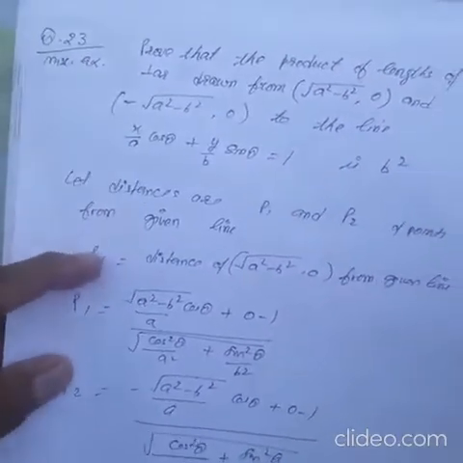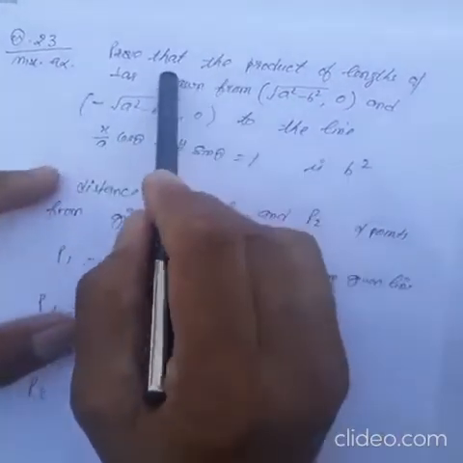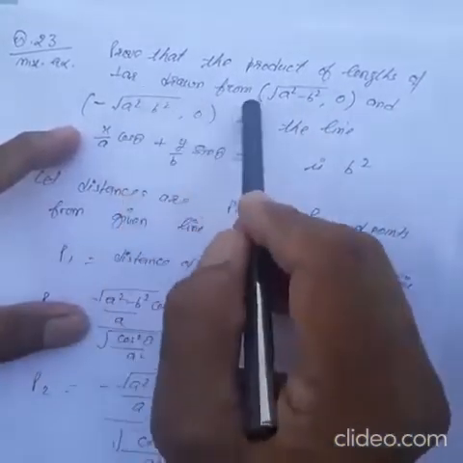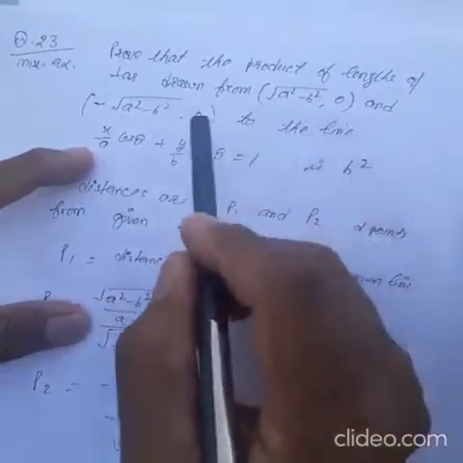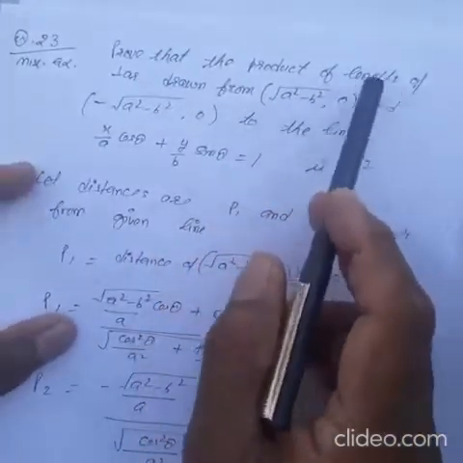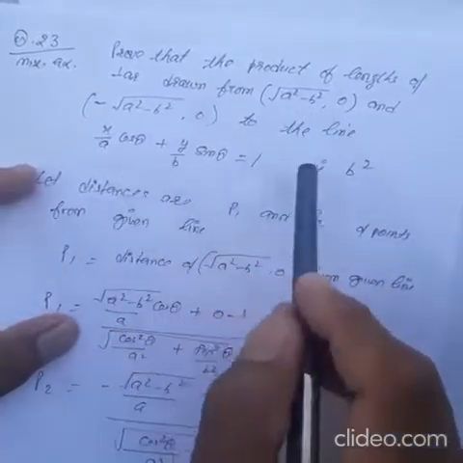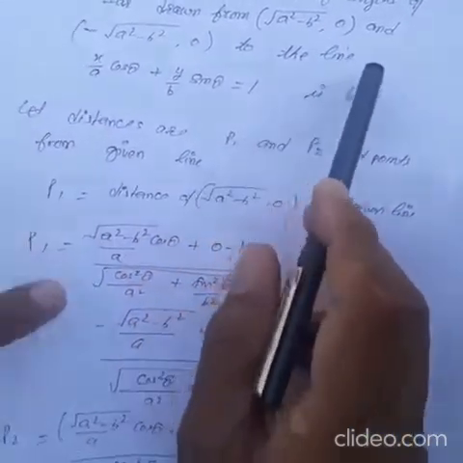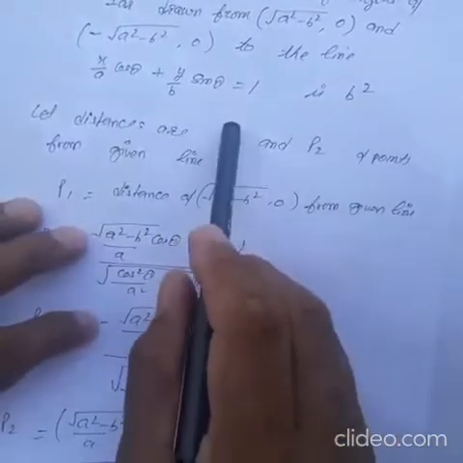On to the next question, question number 23. The statement is: prove that the product of the lengths of the perpendiculars drawn from these 2 points to a given line is b square. So the distance between a point and a line will be used in this question.